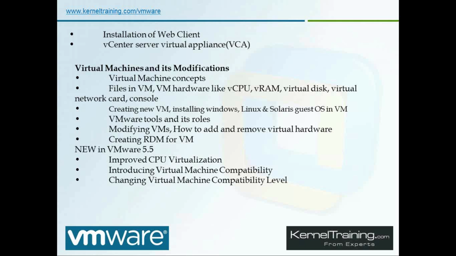Next, VMware hardware like virtual CPU, virtual RAM, virtual disk, virtual network card, console. All these resources can be allocated to the virtual machine from the ESXi server itself. As I told you, we can assign 2 CPUs or 4 CPUs to a virtual machine, and we can add memory to the virtual machine, like 4 GB, 10 GB, 20 GB.